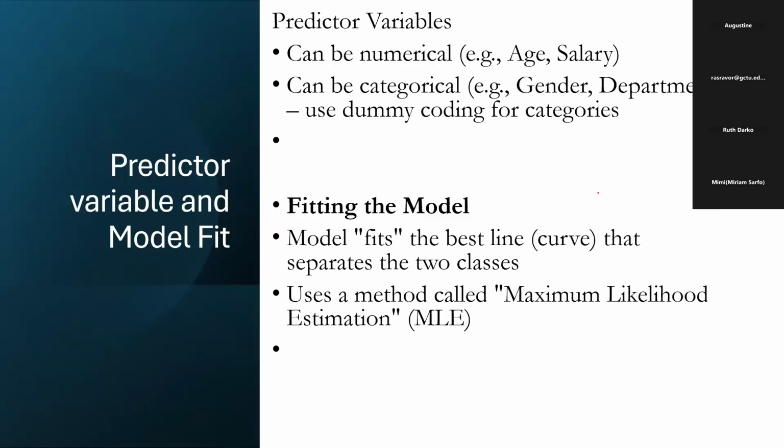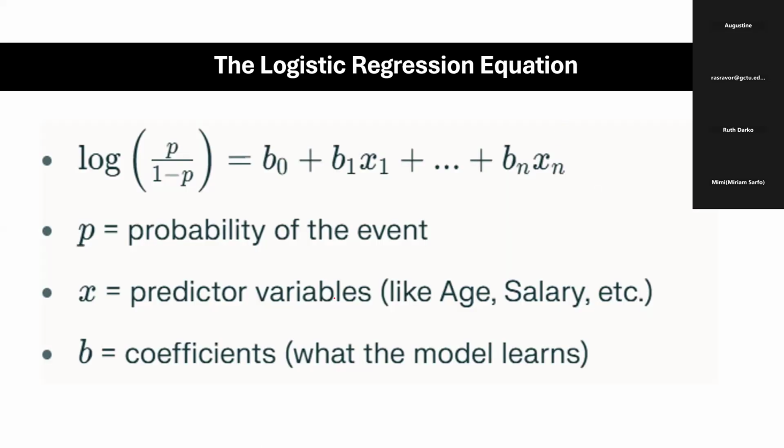What about the predictor variable in the model fit? The predictor variable can be of any nature. When I say the predictor variable, I'm just looking at the x's. Please keep the terminology in mind: the predictor variables are my x's.